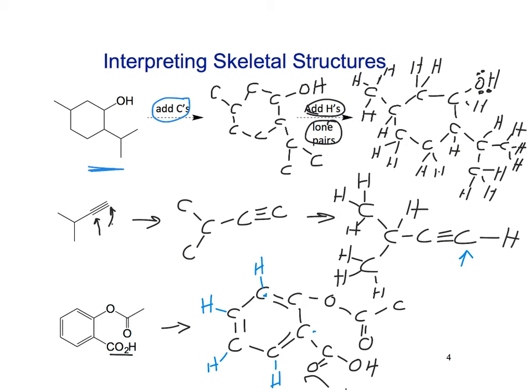This one here already has 4. The one above it already has 4, so those don't need any hydrogens. And we just have to put 3 out here. All of these are really cumbersome to draw. This last structure is an interesting one, though. This is the structure of aspirin.